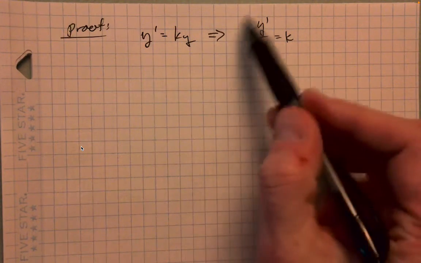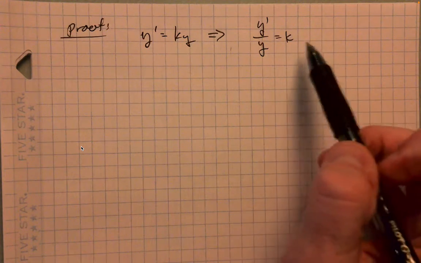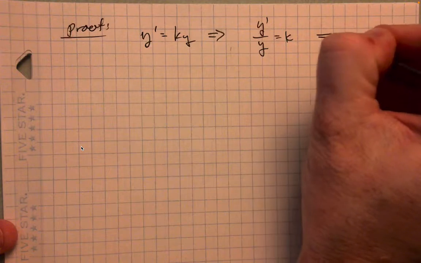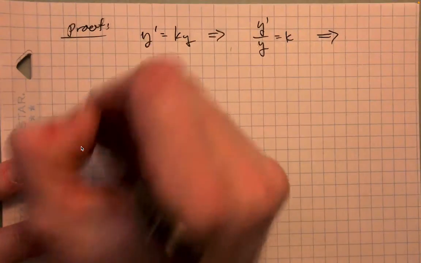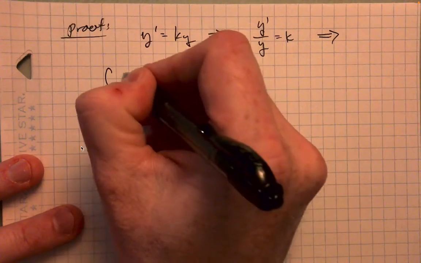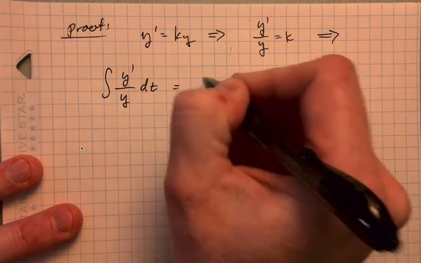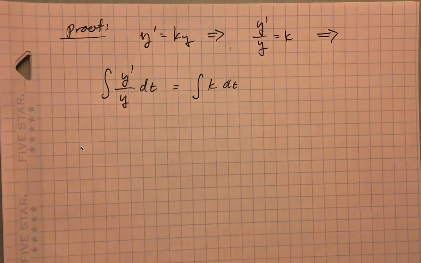You get all the y variables on one side, and all of the t variables, in this case it's just a constant, on the other side. And then we can take this and integrate both sides with respect to t. And so you get the integral of y prime over y dt equals the integral of k dt.